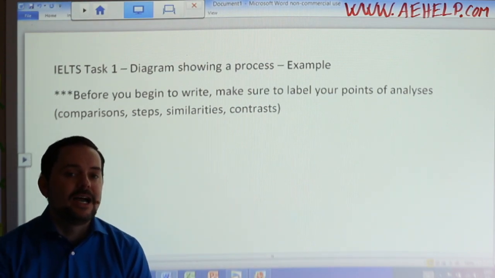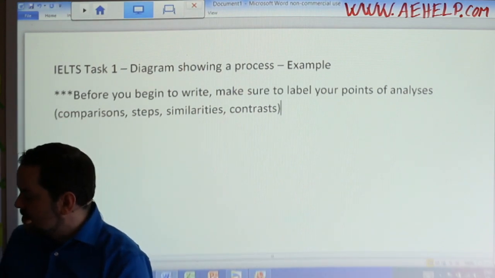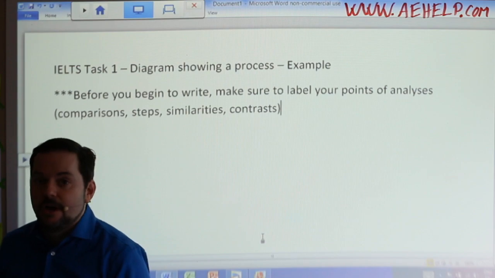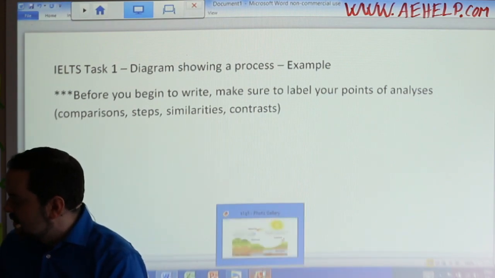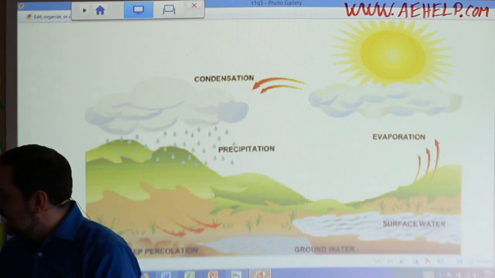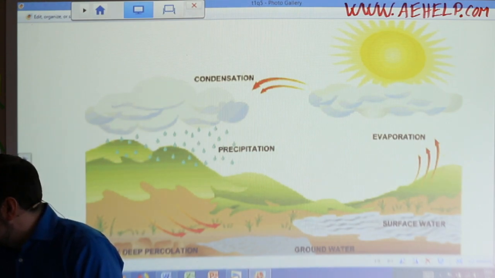That's how you get a high score on your IELTS. Again, this question is coming from our website at aehelp.com, and you can find lots of examples there. So here we should label the steps that we will write about in our task one response.